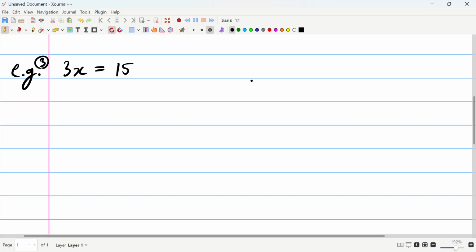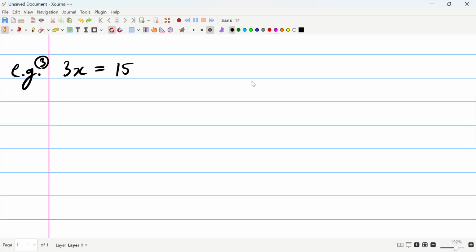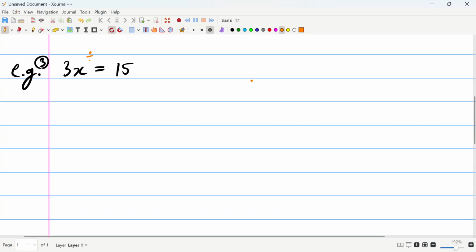So, how do we get rid of this 3 times x? Well, whenever you see x being multiplied by something, you need to divide both sides by whatever the coefficient was. We need to get rid of that coefficient and get x on its own, like we did in the previous examples. So in order for us to do that, we need to divide both sides by 3, right? And why does this work? Well, now we have divided by 3, which we can write as 3x over 3.